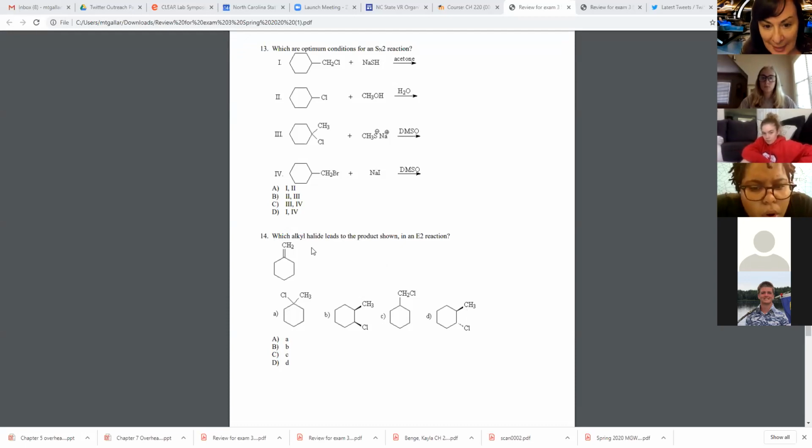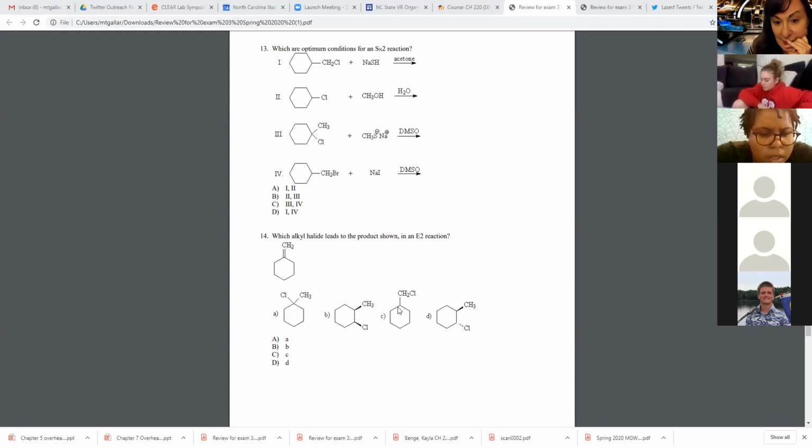Which one would be the best alkyl halide to make this double bond? C, right? Because here's the carbon that is attached to the chlorine. And if I take away this chlorine and make a double bond, I can only make that double bond right here. That makes sense. So C is the best answer to this question, okay?